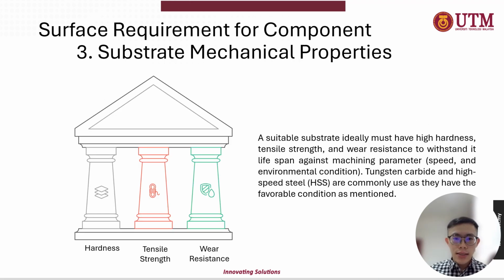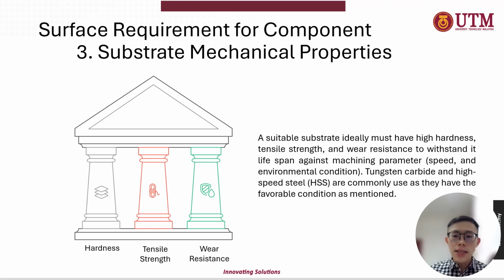So the next surface requirement for the material, the substrate, is the substrate mechanical property. If we look at the pillar here, we first require hardness, second the tensile strength of the material, and also the wear resistance of the material.